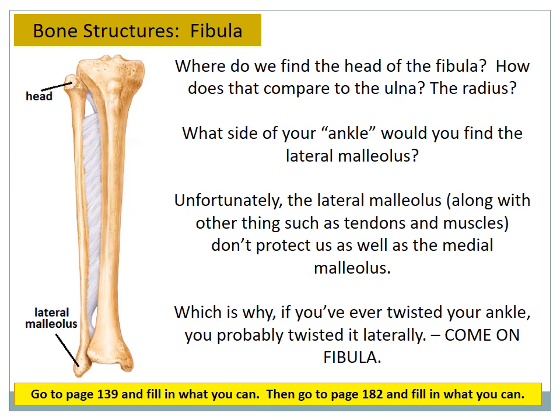That's why, if you've ever twisted your ankle, you've probably twisted it laterally, because the fibula is so little and doesn't do its job right. But anyways, the fibula is smaller, but it does contain a head, and it does have a lateral malleolus.